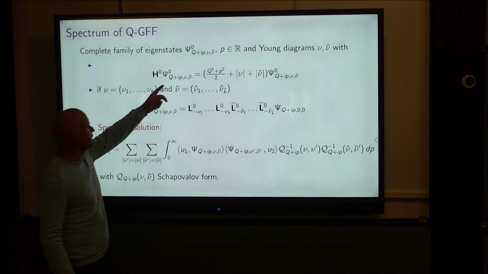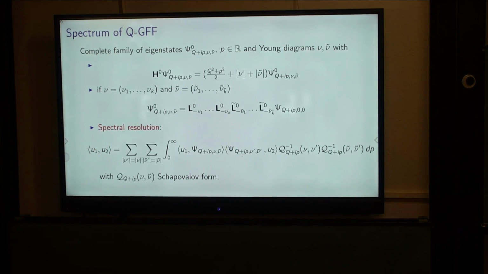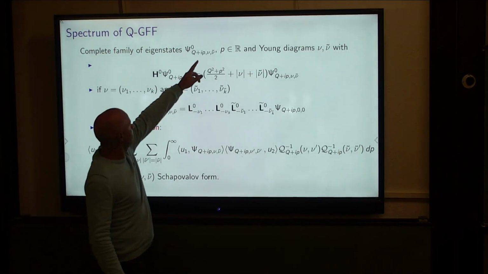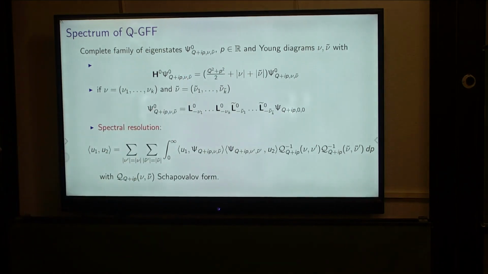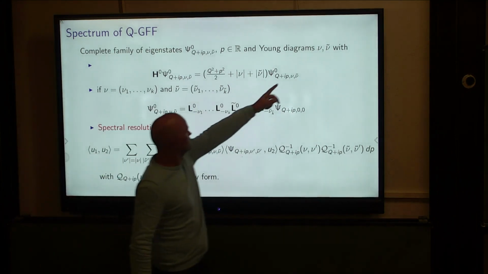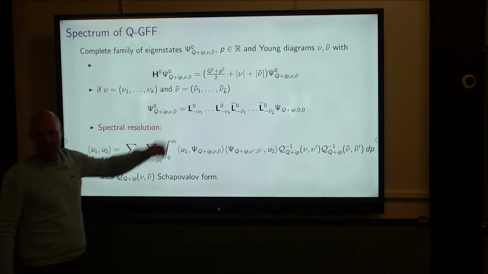The QGFF. So this means that you can construct some eigenstates. They are indexed by P, a real number, and Young diagrams nu and nu tilde. So the Young diagrams are just these sequences of decreasing integers.